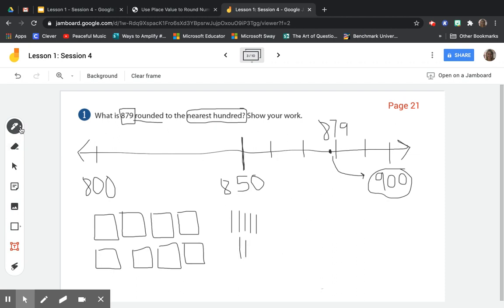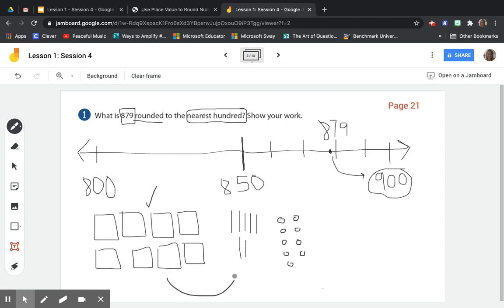10, 20, 30, 40, 50, 60, 70, and 9 ones. Gosh, that's hard. I'm going to make this a little bit bigger. 1, 2, 3, 4, 5, 6, 7, 8, 9. Okay. Now, if I'm looking at rounding this number 879, I have 800s, check. Now, if my number is more than 850, I know I'm going to round up.